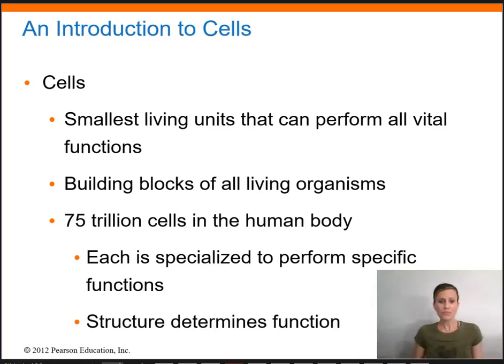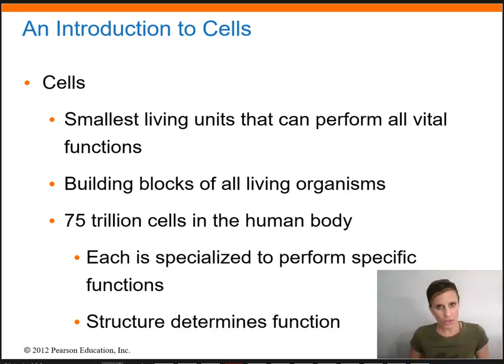All right. So cells are the smallest living units that can perform all functions necessary for life, and living things are made of cells. There are some living organisms that are unicellular, meaning that they are just one single cell.